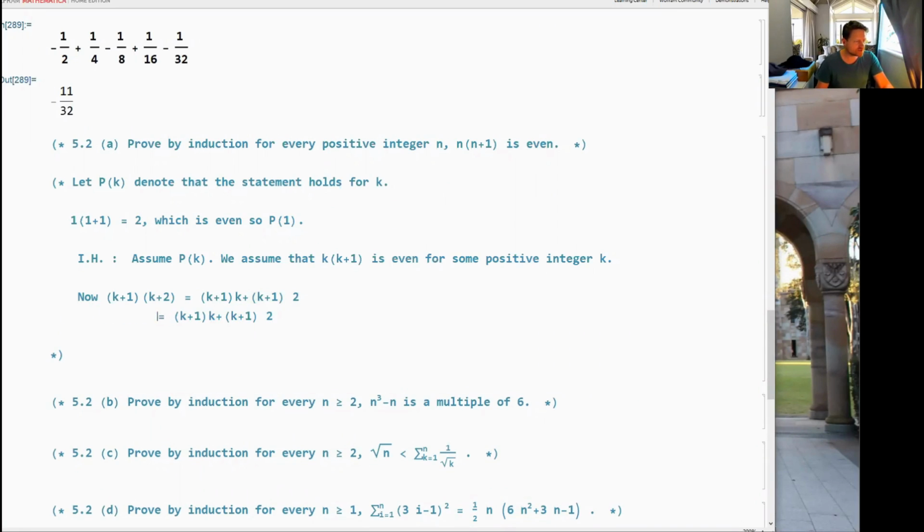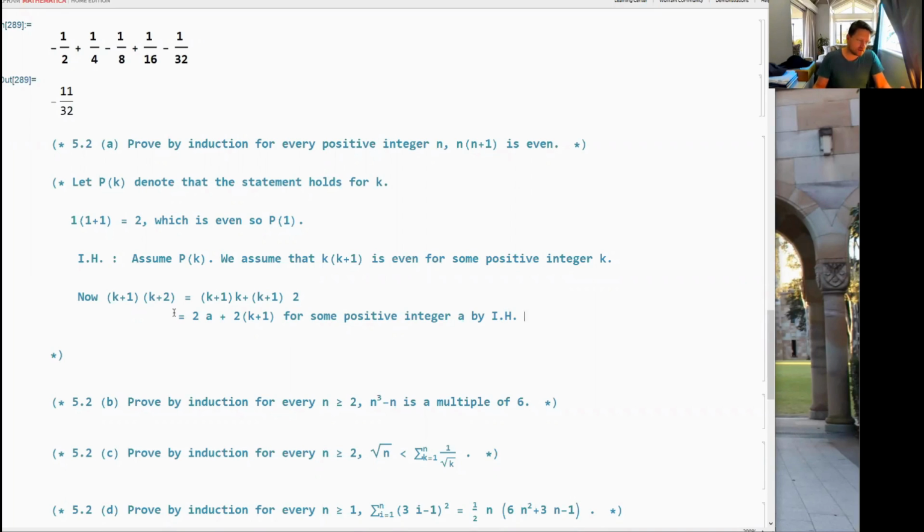So this is equal to 2 times a plus 2 times k plus 1 for some positive integer a. And this is true by the induction hypothesis. So let's just say that, by induction hypothesis.